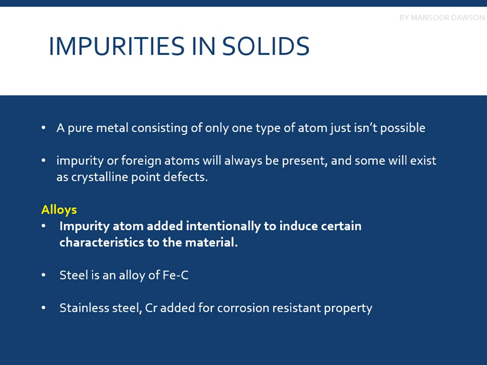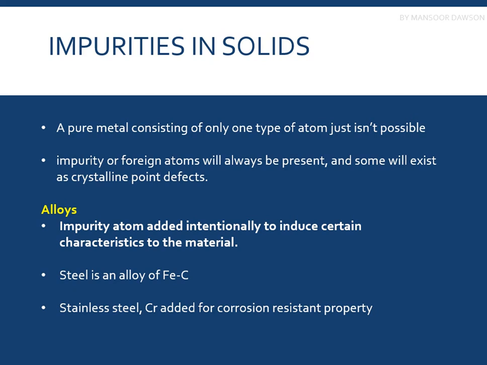Impurities are very important in terms of physical and chemical properties. That is why we usually form alloys rather than pure materials. Alloys are impurity atoms added intentionally to induce certain characteristics so that the material performs well.